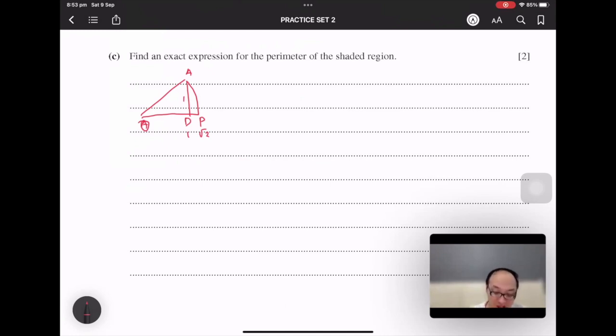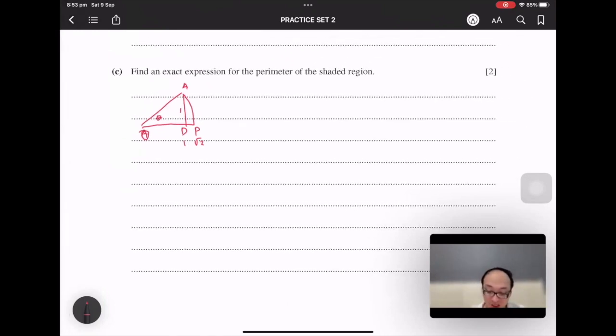So we can find the theta first. So the theta can be taken by tangent. Theta equals to 1 over 1. Yeah, because this is 1. So that means the tangent will be equals to pi over 4 radian.